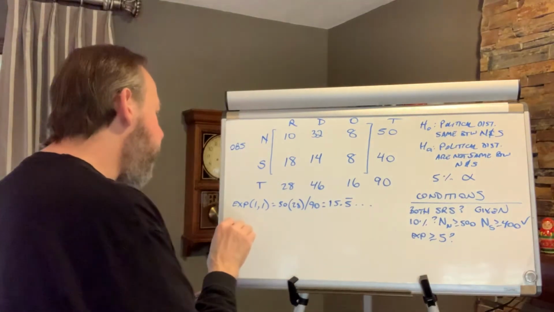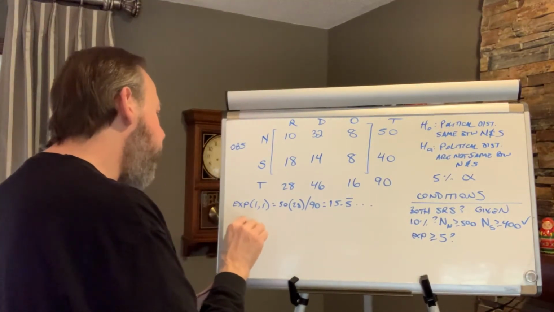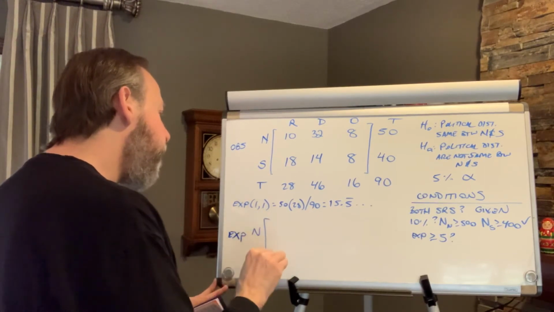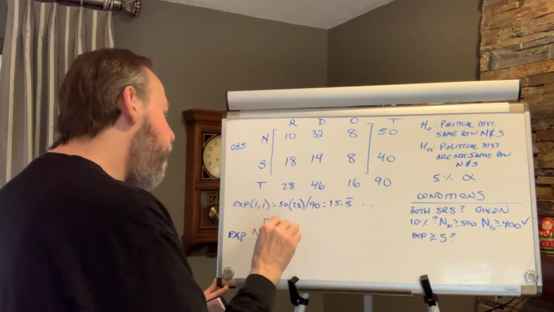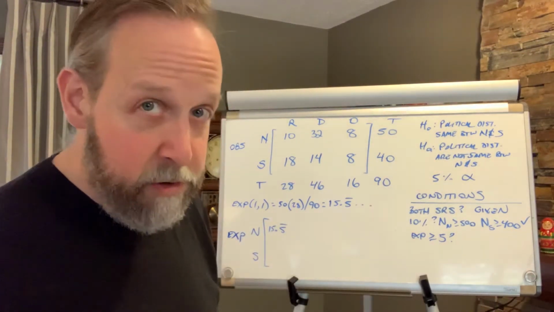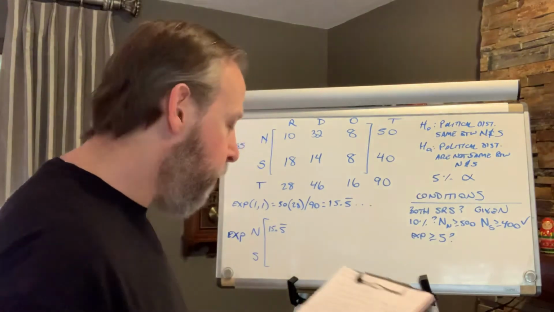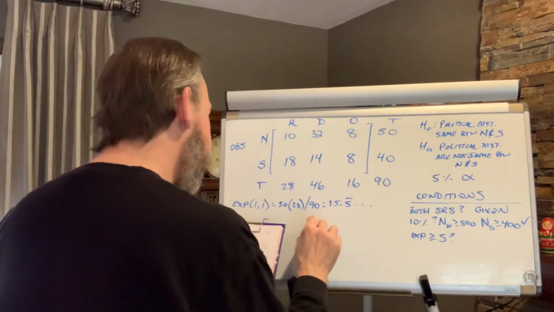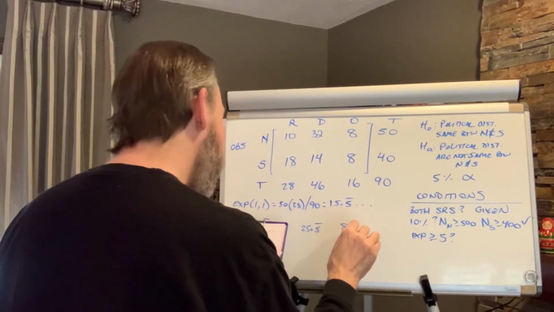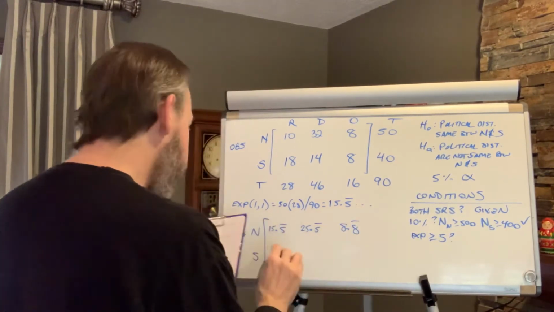I'm going to write down my expected value matrix right here. Okay, again, we have North and we have South. So it was 15.5 repeating. Now, if you want to do this out, you certainly can. Yes, there's a shortcut. I'll show you later. But if you just keep calculating, this would be 25.5 repeating, 8.8 repeating.